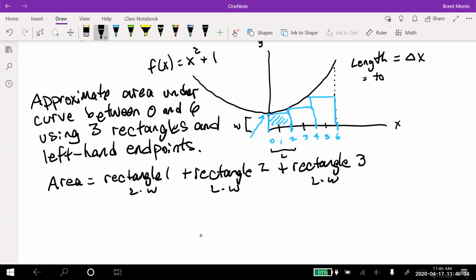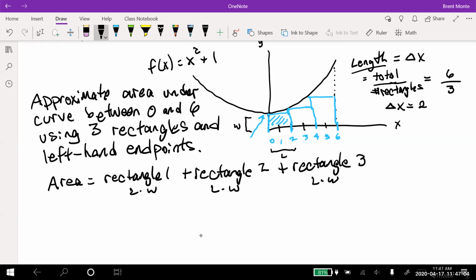So that's total divided by number of rectangles. Well, notice that total was 6 because we went from 0 to 6. And the number of rectangles was 3. So my delta x, they each have a width of 2. We call that the length. So the length of each of those is going to be 2.